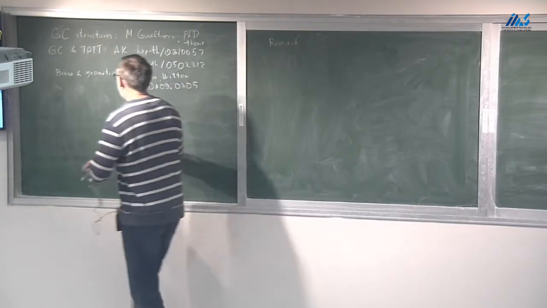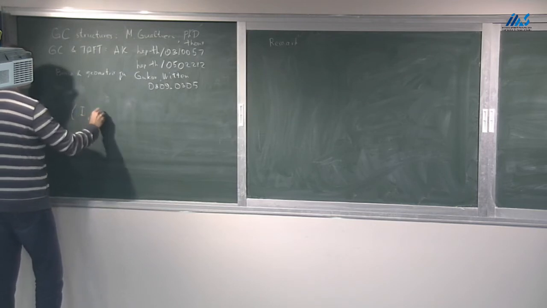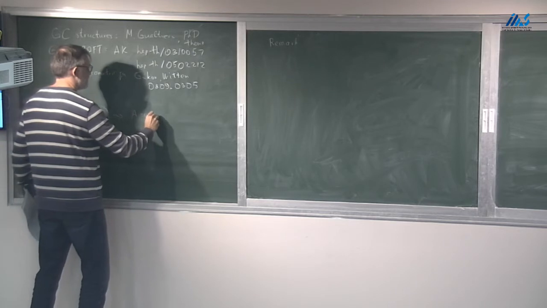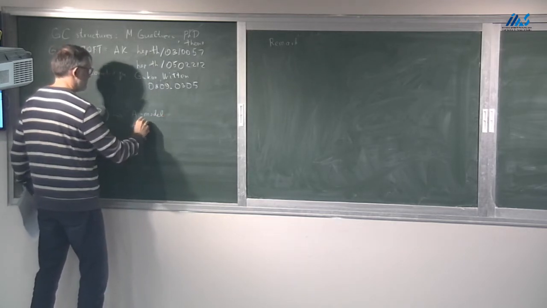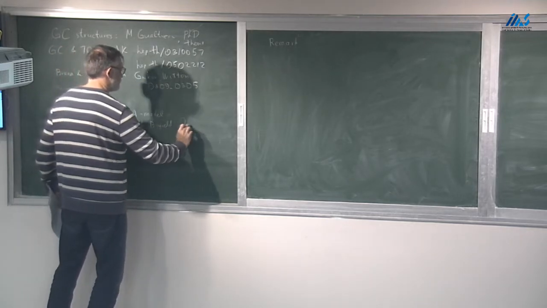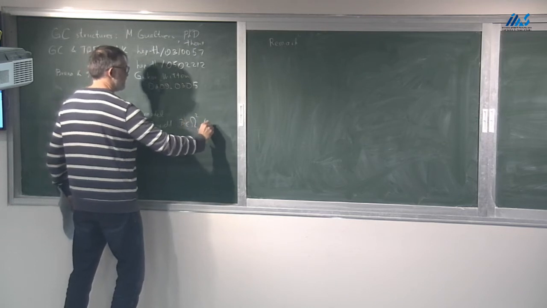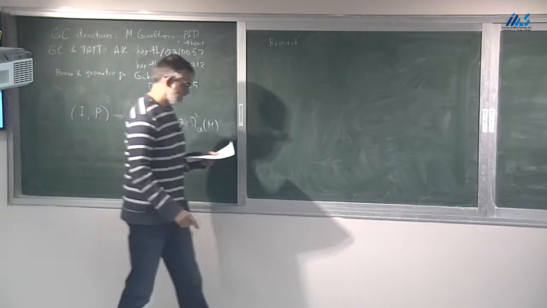Okay, anyway, let me just say so. The complex structure and Poisson bivector are related to the A model with B field, which B field in this case is simply some closed two-form on our manifold, the target space.